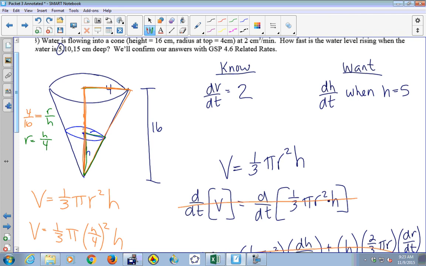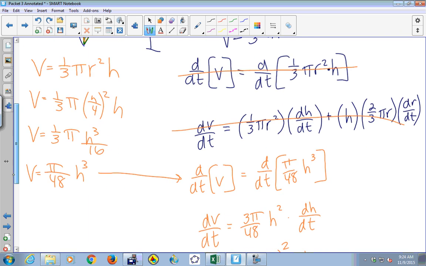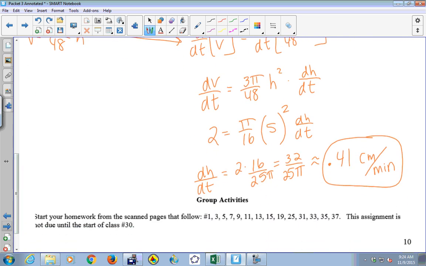And then dh dt when h is 5. So I replace h with a 5 because that's what I was asked for. So I replaced dV dt with a 2. I replaced h with a 5. The only thing left is dh dt. Just solve for dh dt.